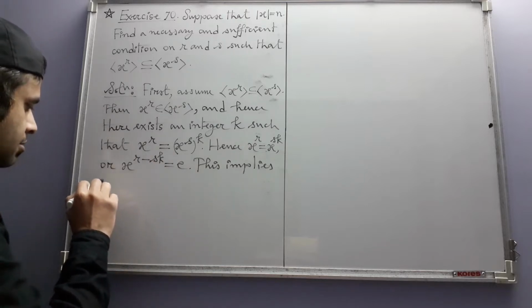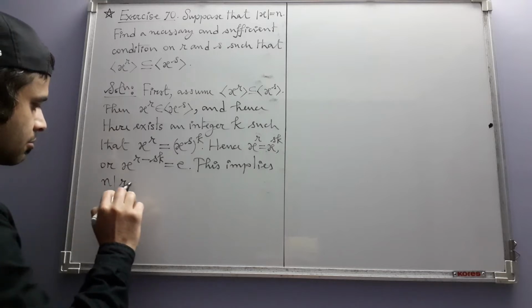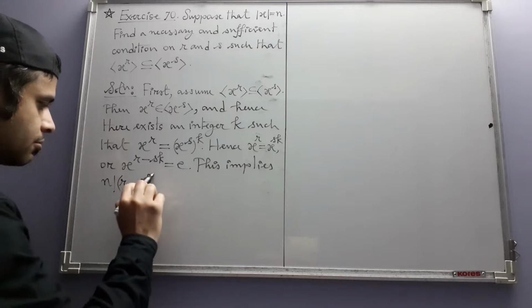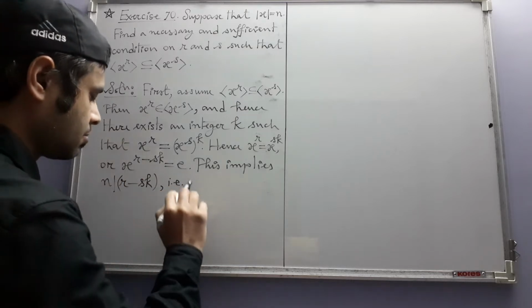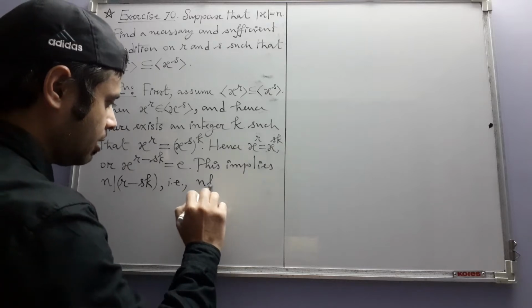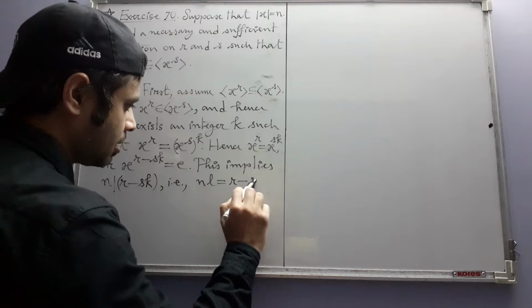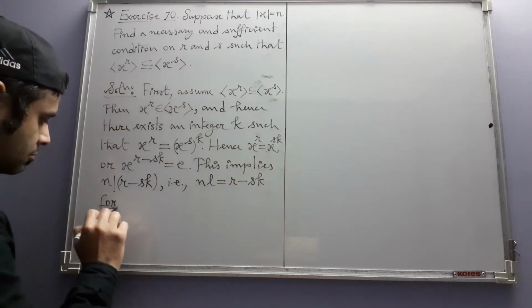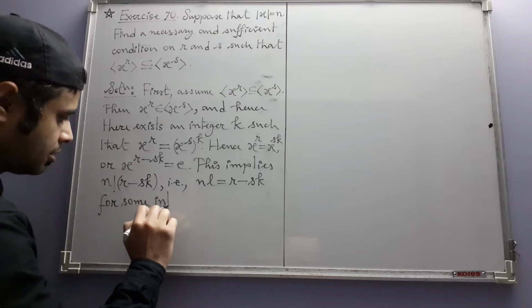So this implies n divides r minus sk, that is, nl is equal to r minus sk for some integer l.